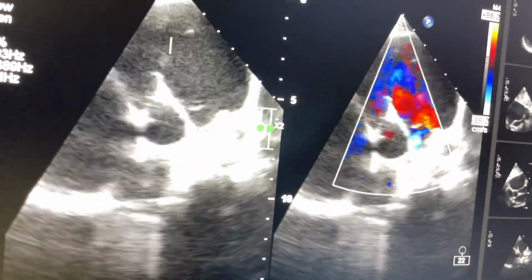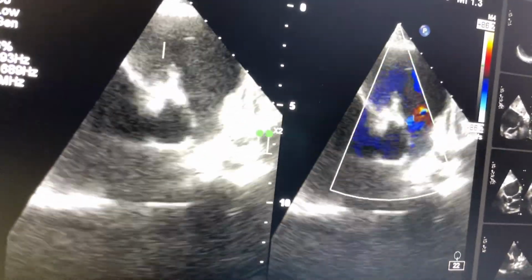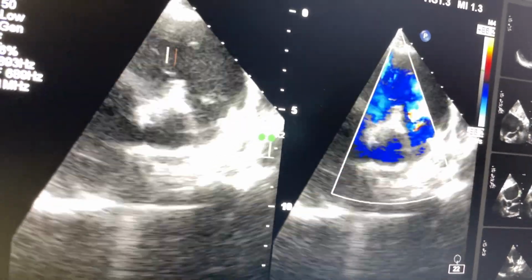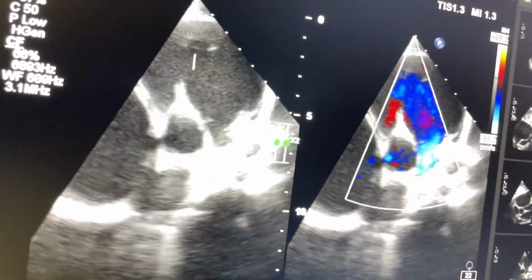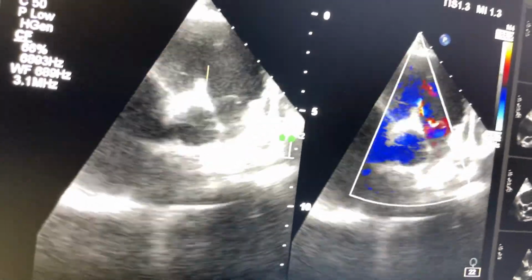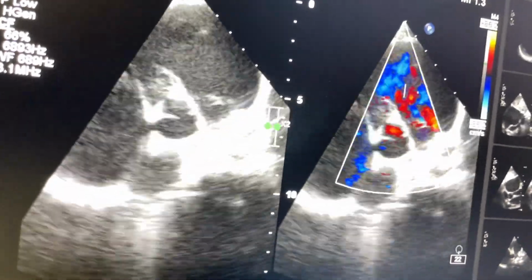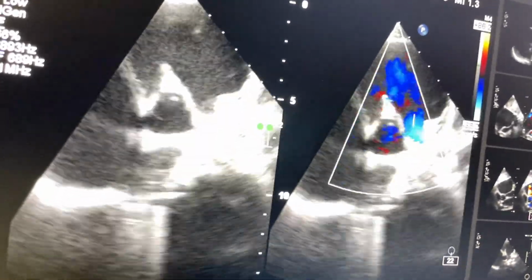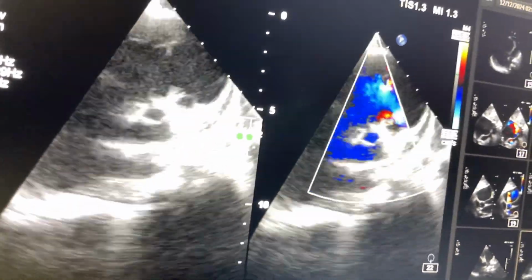You can see this anterior leaflet of tricuspid valve here. You have to measure the length of the free, mobile part of the anterior tricuspid leaflet because that is utilized to repair the valve. So this is TR jet, and this is pulmonary regurgitation jet.